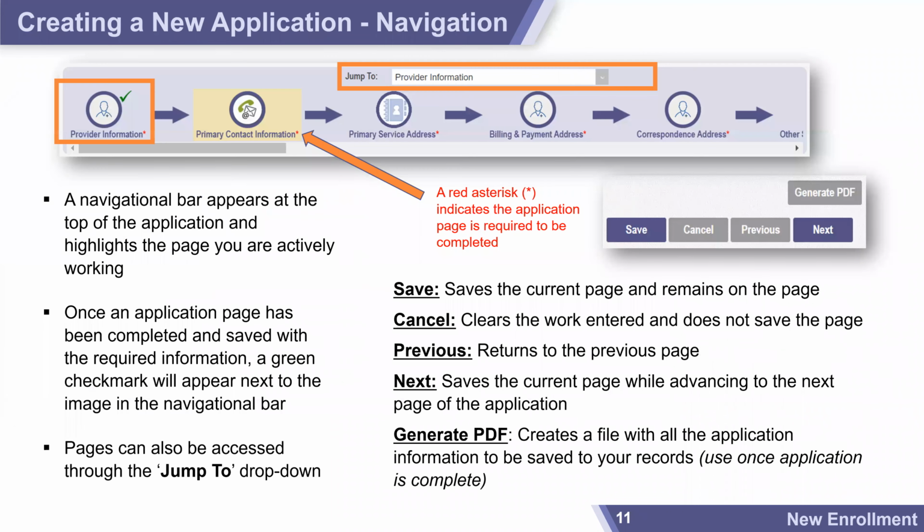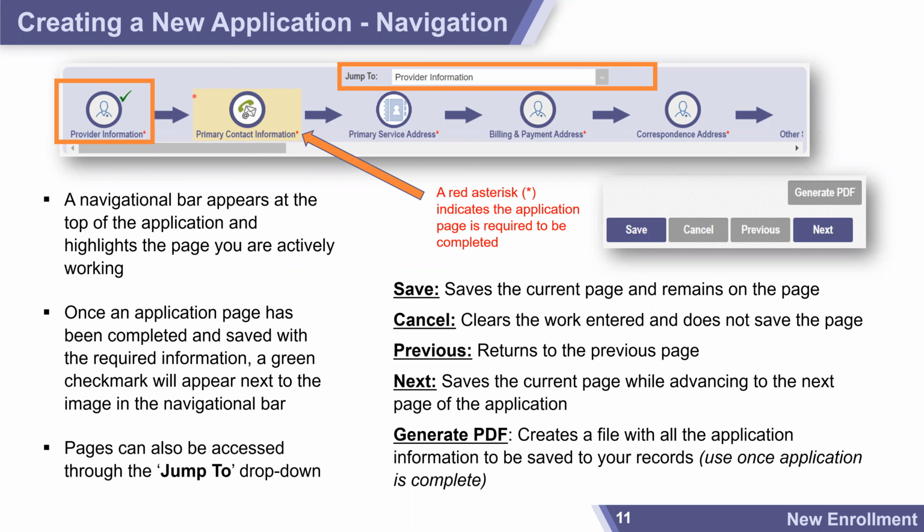Once you get into the application, this is what you're going to see at the very top. So you've got this navigational bar that runs across the top. You'll notice here in the provider information section, there's a green check mark. For each of these pages, as you save them, you will see that that page now has a green check mark.